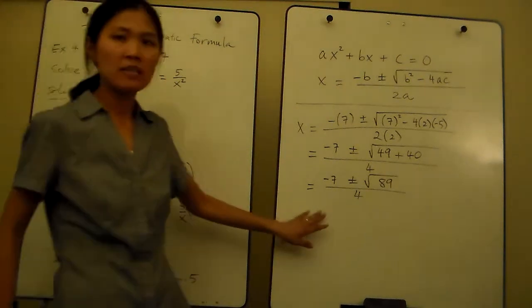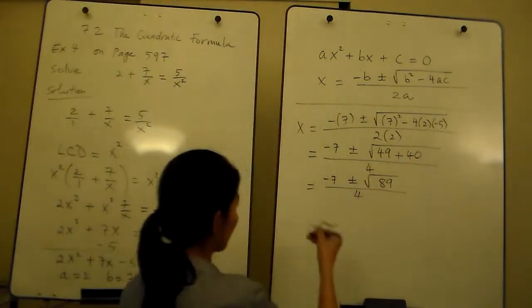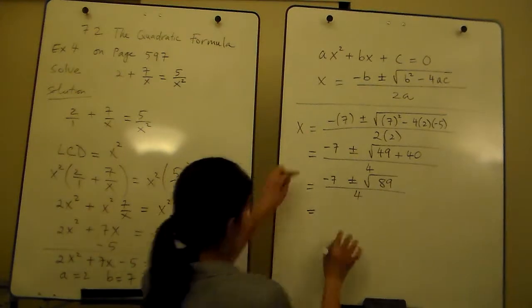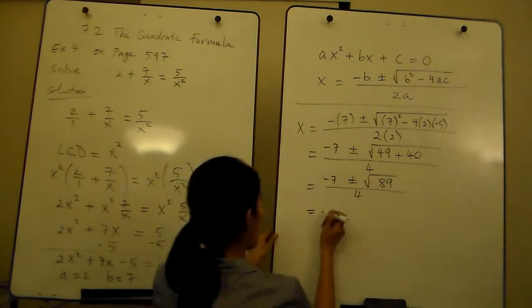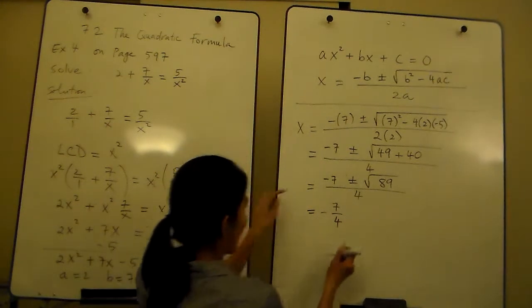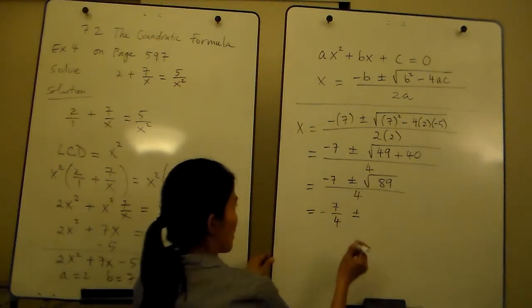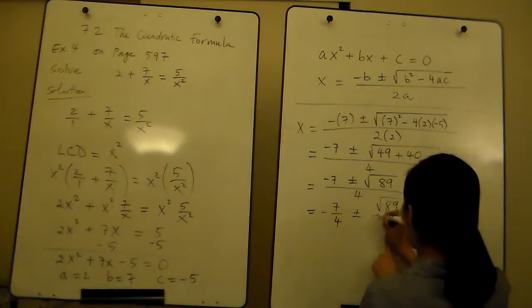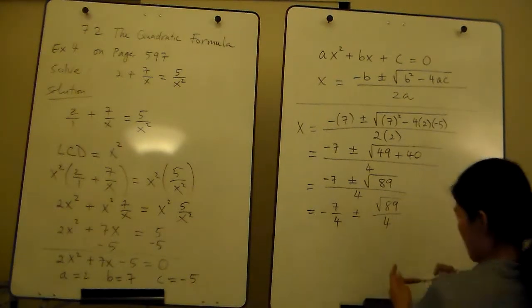So you can leave the answer like this, or you can split this one fraction into two fractions. So negative 7 divided by 4, and then plus or minus the square root of 89 divided by the denominator 4.